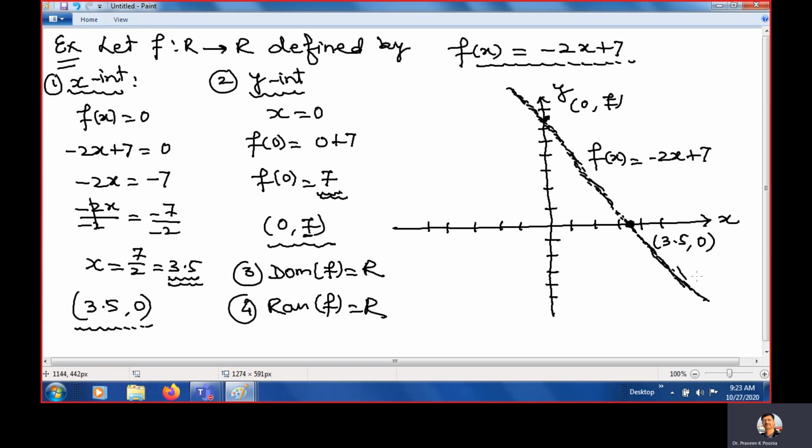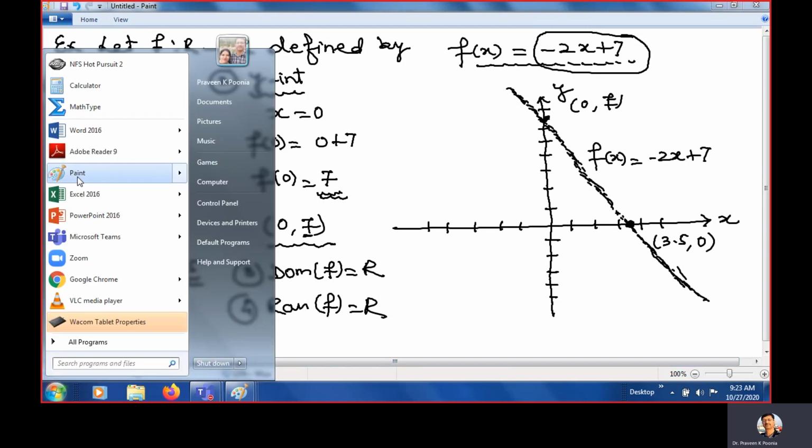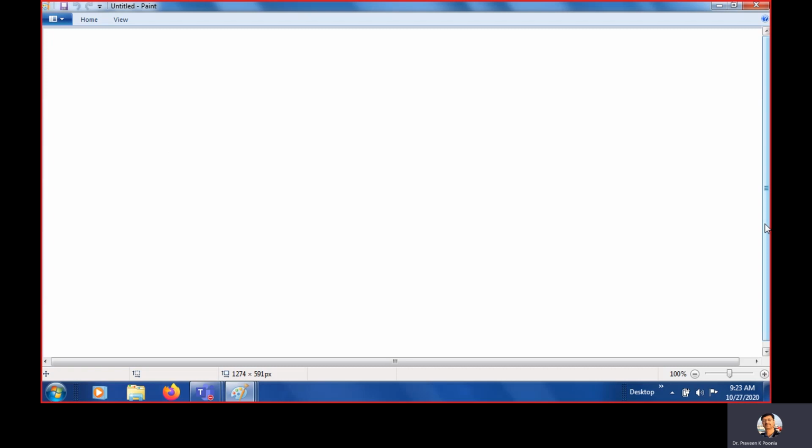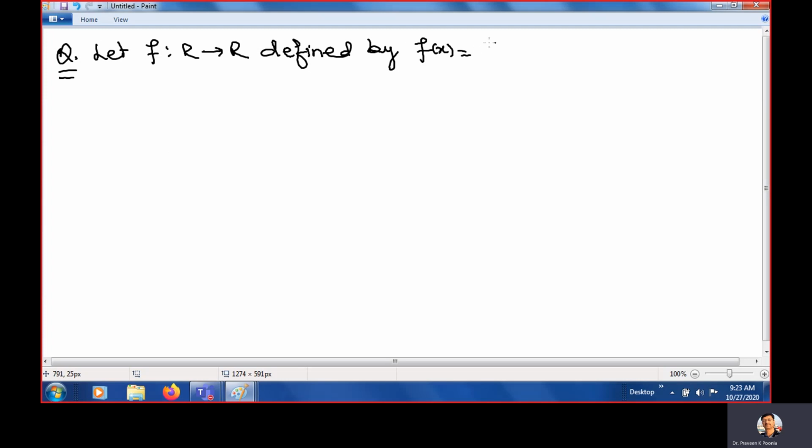Clear? So in the linear function, we have only two types of problems, where x is positive, where x is negative, and how to draw the graph, how to find the x-intercept, how to find the y-intercept. Clear? Now what type of question may you face in the exam? Like question number 1. Let f: R to R be defined by f(x) is equal to say 2x plus 3.